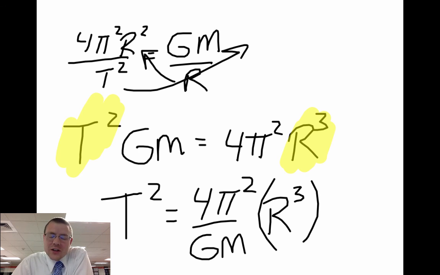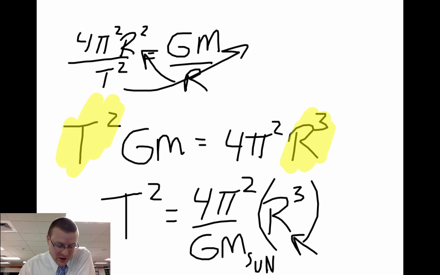Remember that G is the gravitation constant, and M is the mass of the thing that you are orbiting. So if you put in the mass of the sun here, it'll tell you that if you pick any orbital distance, R, from the sun, it'll tell you exactly how long it'll take you to orbit.